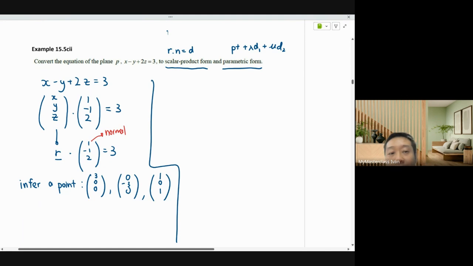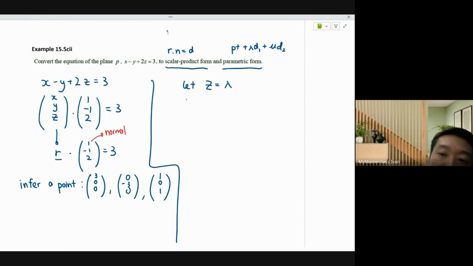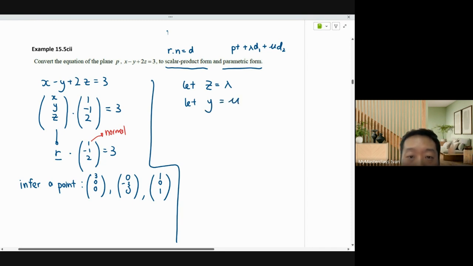Parametric form is a little bit harder. When you want to convert this to parametric form, it's actually seldom that the question asks you. Right now, let z equal lambda and let y equal mu.